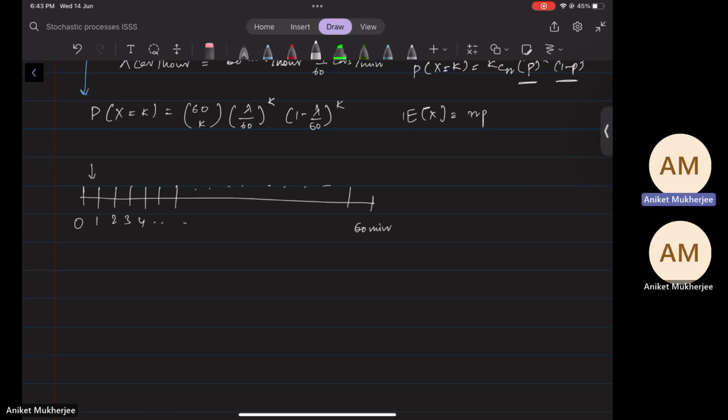At each interval, I observe if a car has passed. My end aim is to find the probability that a total of k cars have passed in 60 minutes.